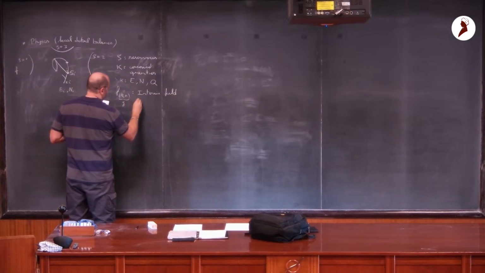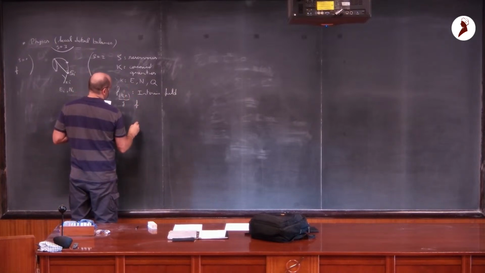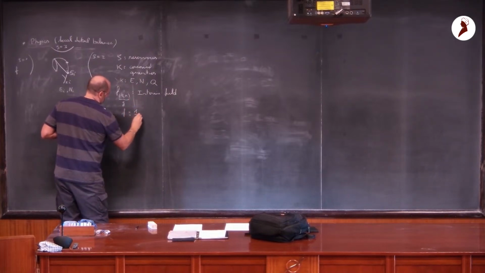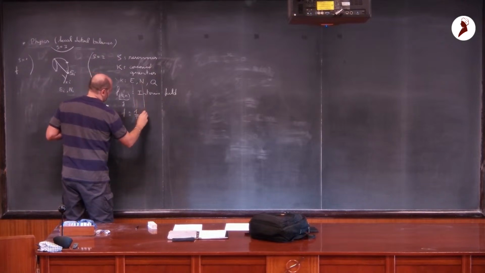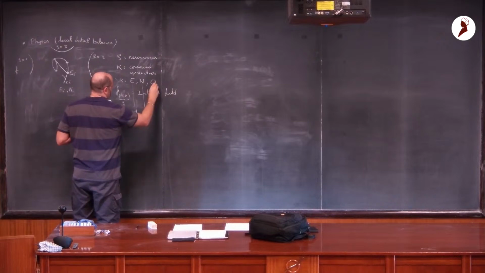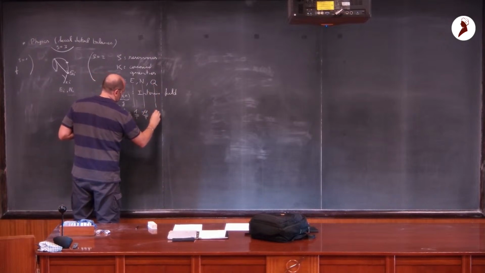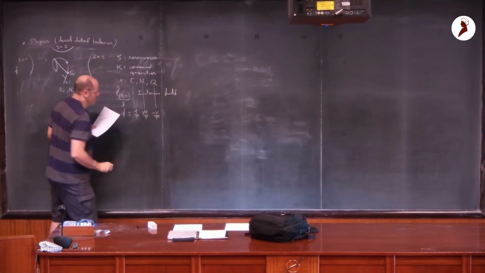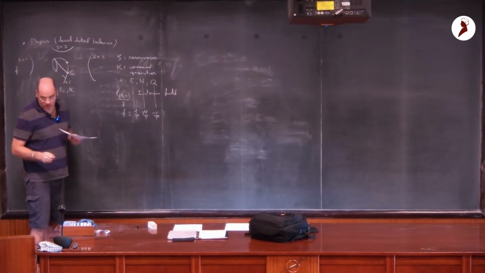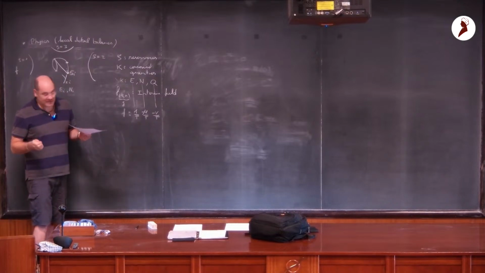What is the typical field associated to energy? Let me write. It's 1 over T. For N, it's minus mu over T. For Q, it's going to be minus V, the electrical potential, over T, etc. This comes from thermodynamics.